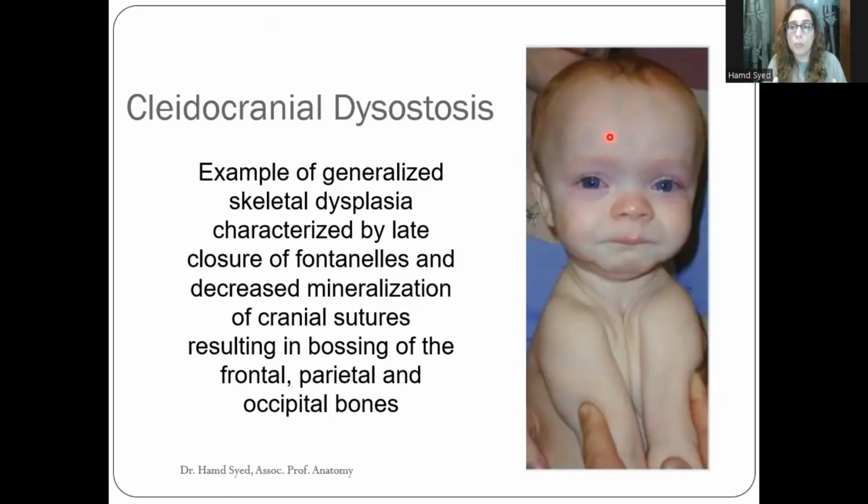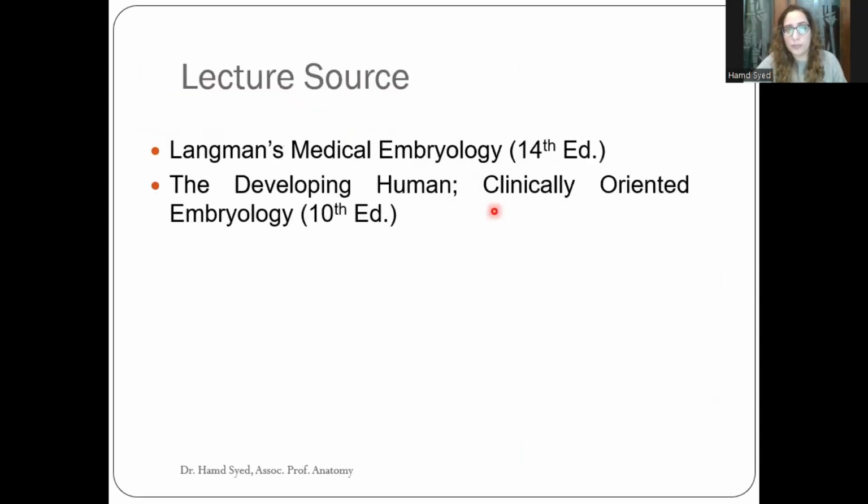Bossing means an abnormal protuberance and an abnormal appearance, that is, an abnormal prominence of these bones. And in this baby over here, you can see that the clavicles are also absent. So they're underdeveloped or absent clavicles, giving the name cleidocranial dysostosis.